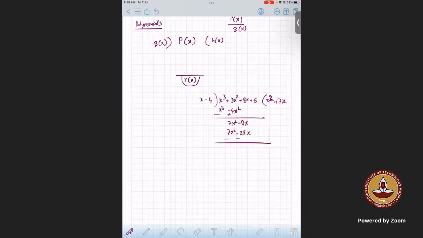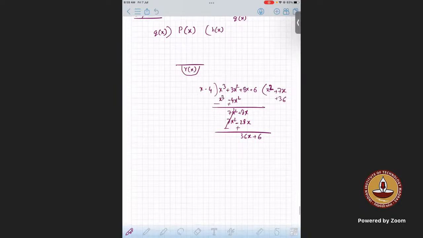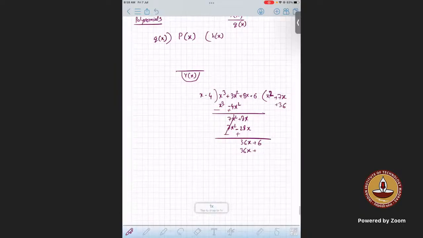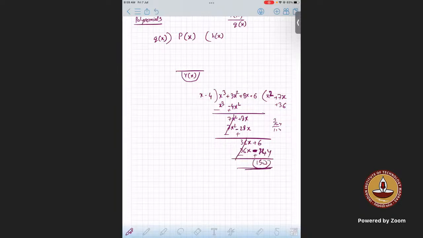Then 36x plus 6, and 36x minus 36 into 4, that is 144. So 150 is the remainder. This is the remainder.